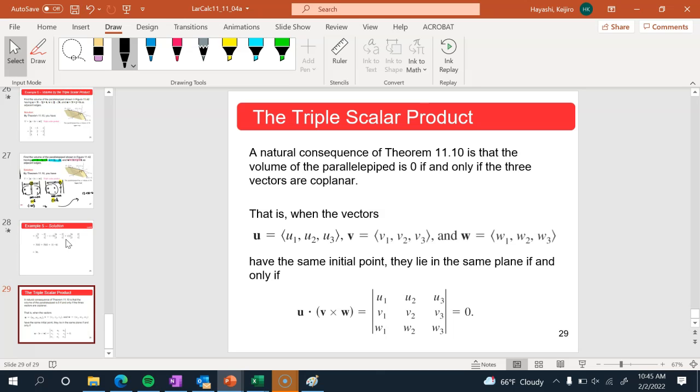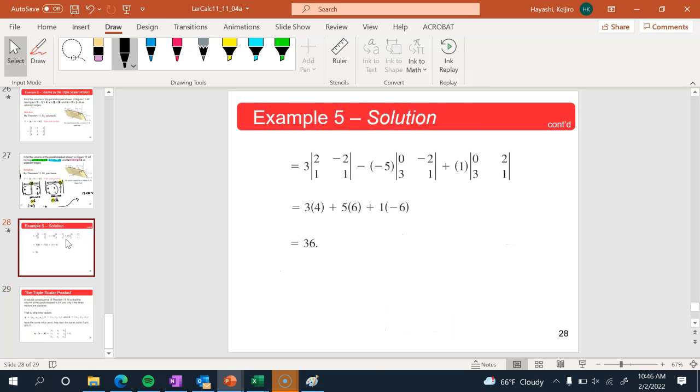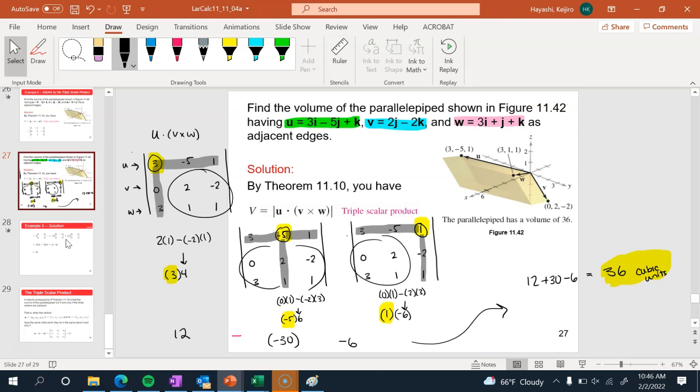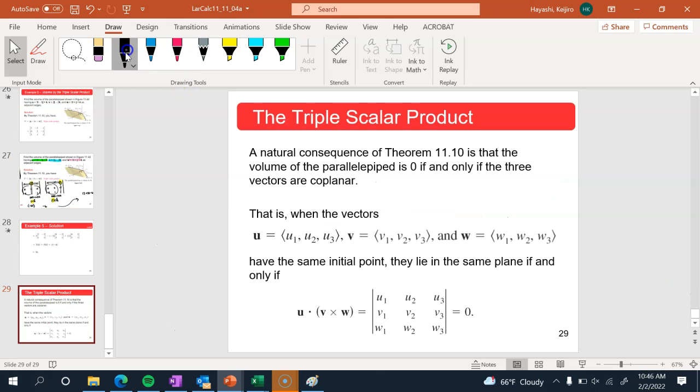Okay, and there's a special case that happens, that this process gives 0 if all three vectors lie in the same plane. If you look at this, you can take any 2 vectors and imagine that they lie on a plane, and that's not a problem. But if all 3 are in the same plane, you don't actually have to remember much of this.